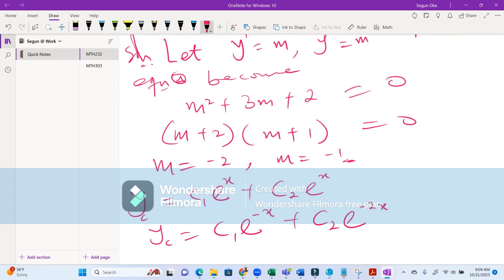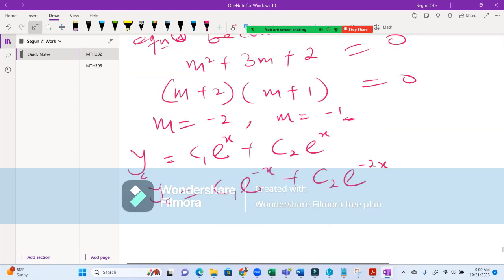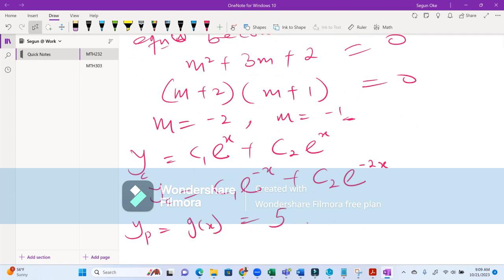Now, the beauty of the thing is we need to also calculate our YP. Our YP is equal to g of x, which is the same thing as 5. And the YP is equal to A based on our table.